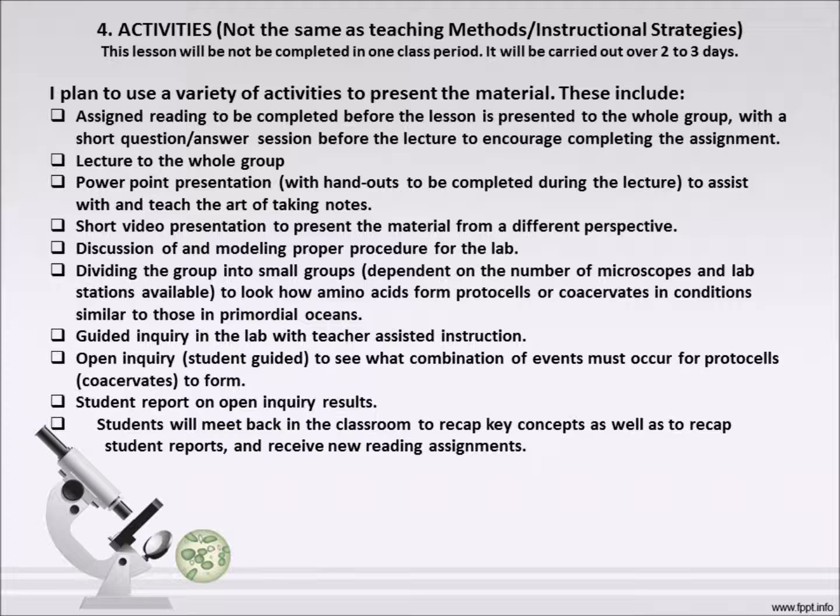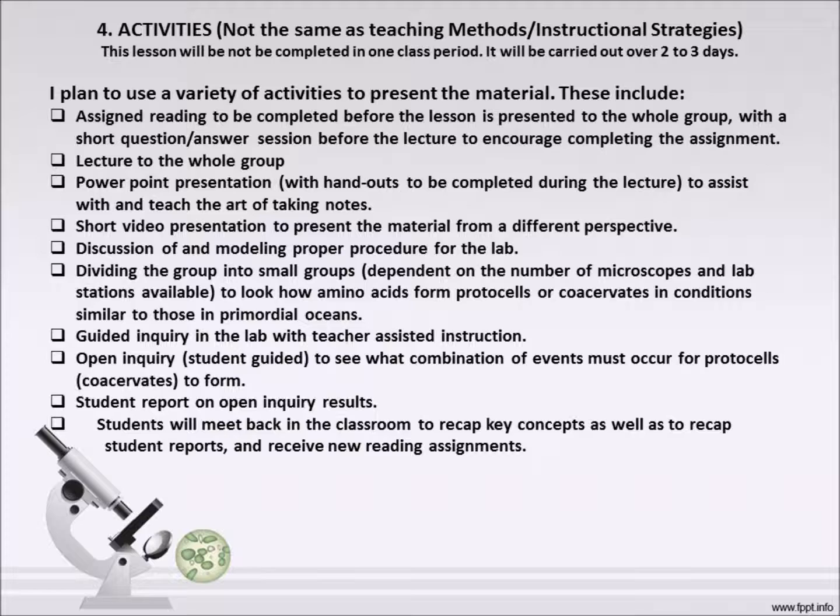I plan on using a short video presentation to present the material from a different perspective. When it comes to discussing and modeling the proper procedure for the lab, we'll probably follow what is called, in slang, a cookbook version.